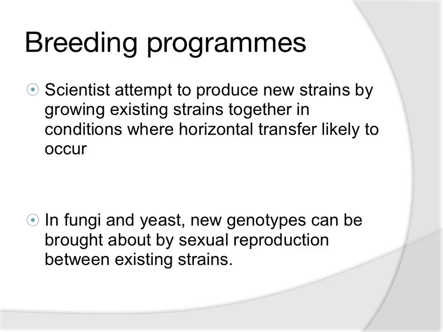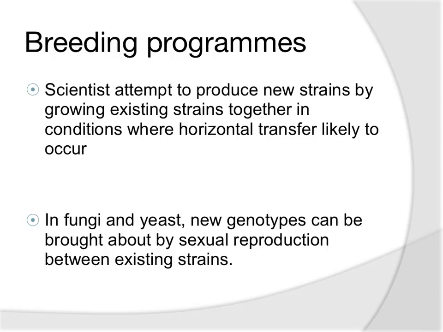Well, here you are as a scientist and you want to produce some sort of new strain that's going to produce more yield. So you take your existing strains and put them in conditions where horizontal transfer is likely to occur, and that's what the scientists will do.